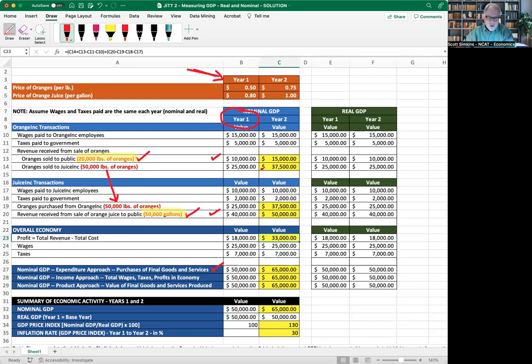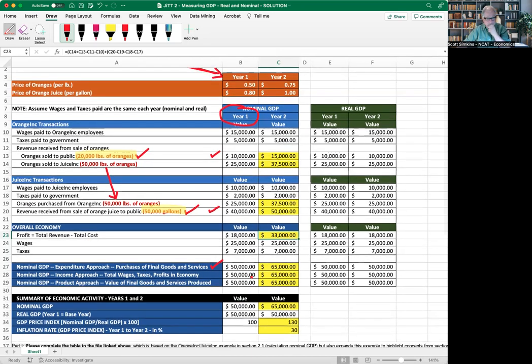And we can figure out the profit. It's total revenue minus total cost. Again, for year 1, that information and how to do that is laid out in section 2.1. So we can measure the profits, the wages, and the taxes for both companies. And if we add that all together, it's going to add up to 50,000.